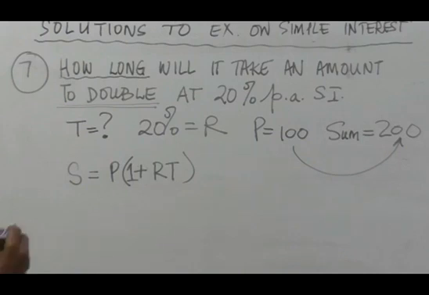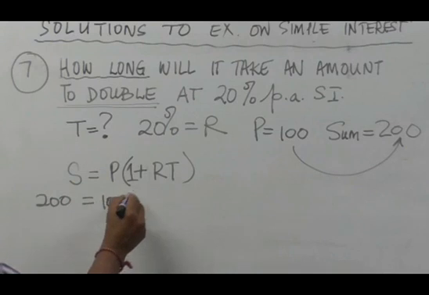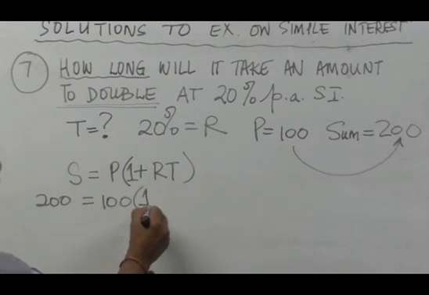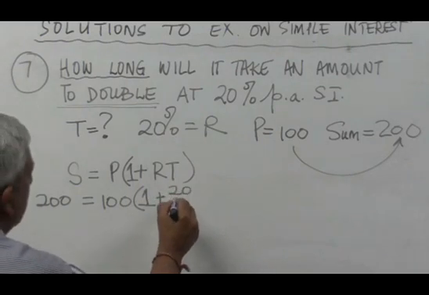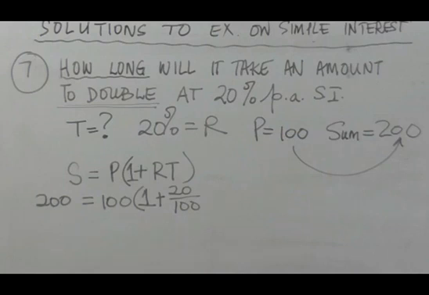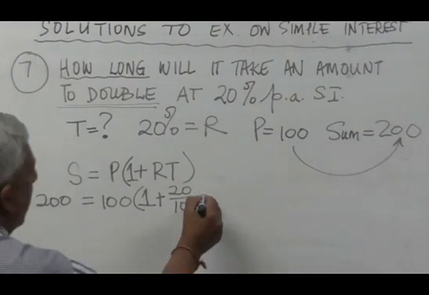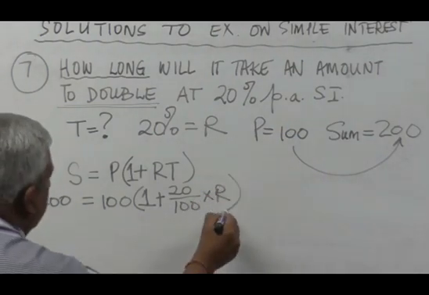So the sum is 200. The principal is 100 into 1 plus the rate, which is 20%. 20% means 20 over 100 times T.